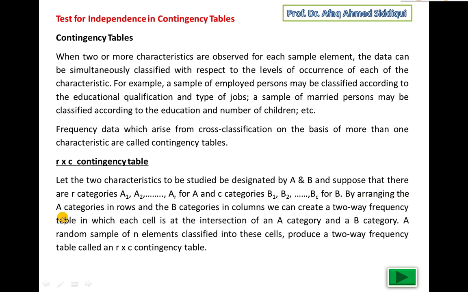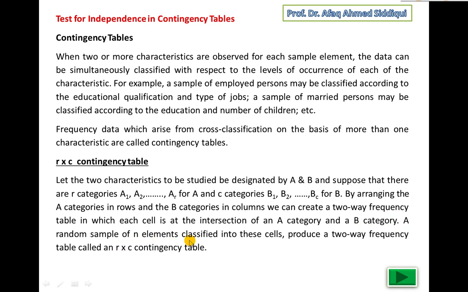By arranging the A categories in rows and the B categories in columns, we can create a two-way frequency table. Because there are two characteristics, the table is called a two-way frequency table. So a contingency table is also called a two-way frequency table, in which each cell is at the intersection of an A category and a B category.